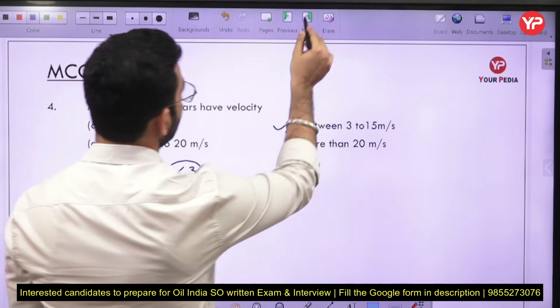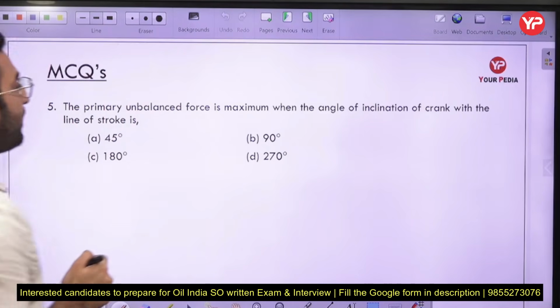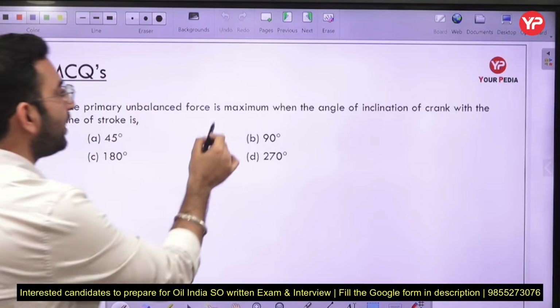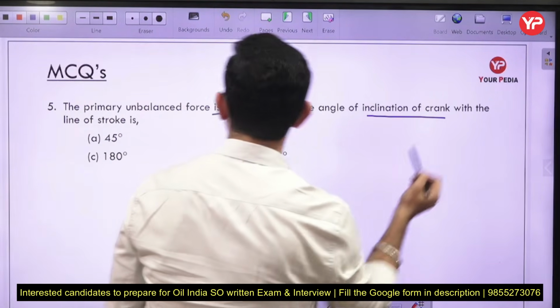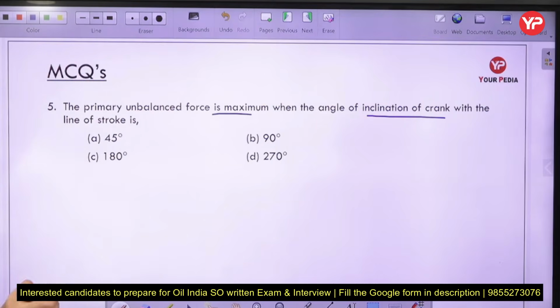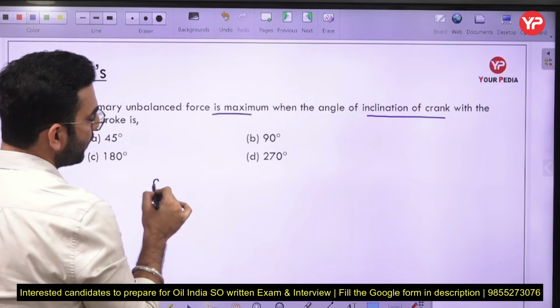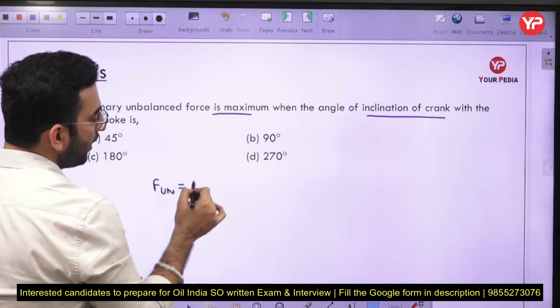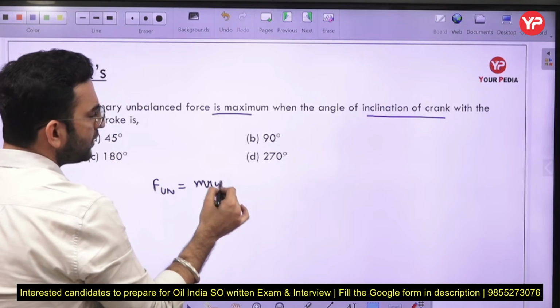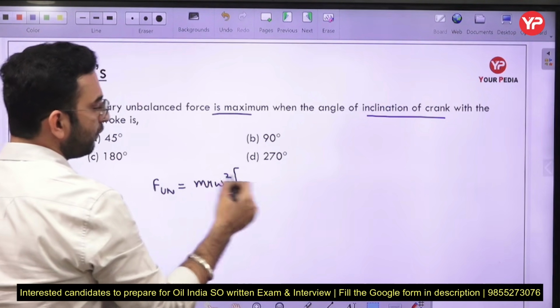Coming back to the next question. The primary unbalanced force is maximum when the angle of inclination of the crank with the line of stroke will be. Okay, now what is the formula of the primary unbalanced force? So primary unbalanced force is given by mr omega square. So first of all, just talking about the unbalanced forces here.